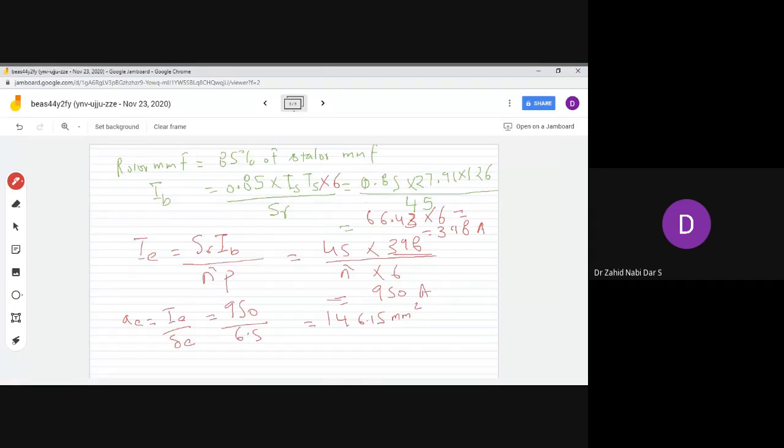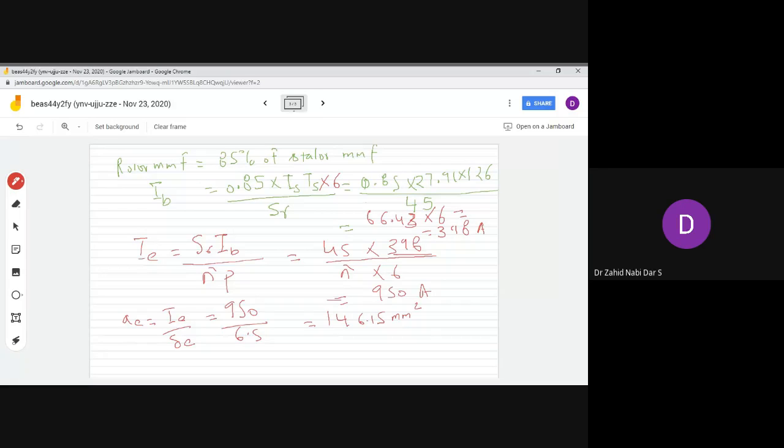Length of the mean path is given as 22 centimeter, that you have to convert, so that you write in terms of millimeter. So LB is given as 22 centimeter, AB is 11 millimeter into 6.4 millimeter.